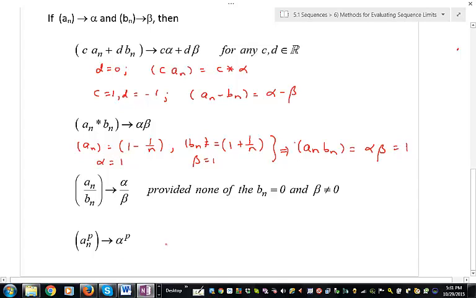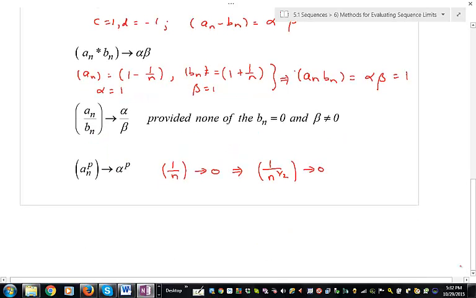So for example, if I know that the sequence 1 over n converges to 0, this automatically tells me that this sequence also converges to 0, 1 over the square root of n.